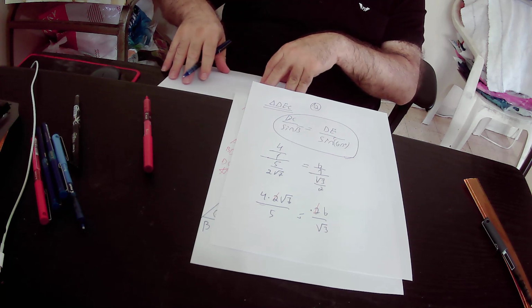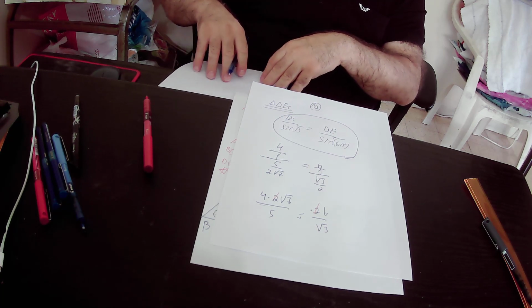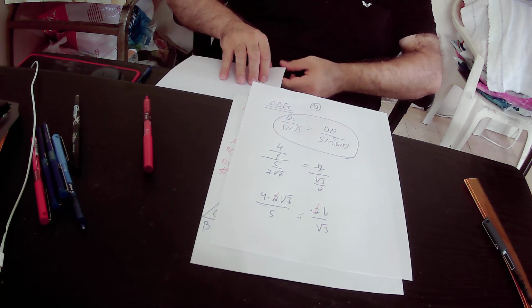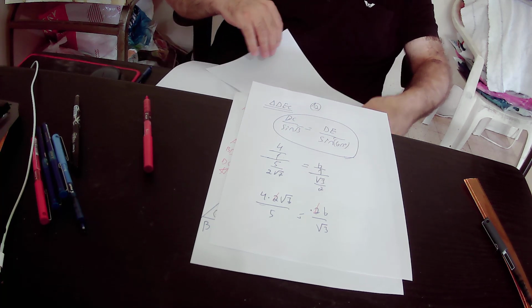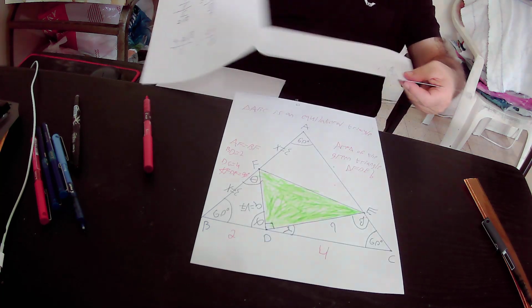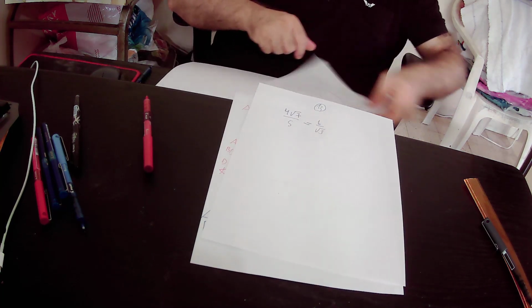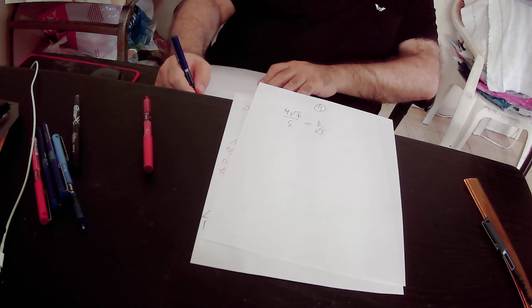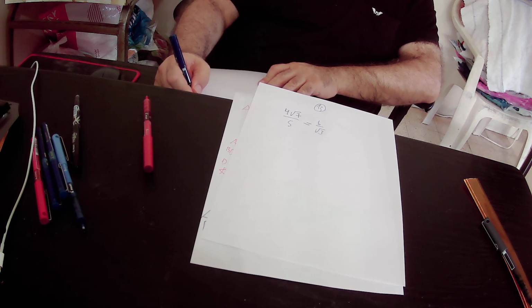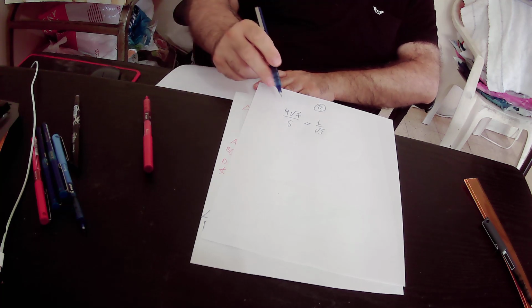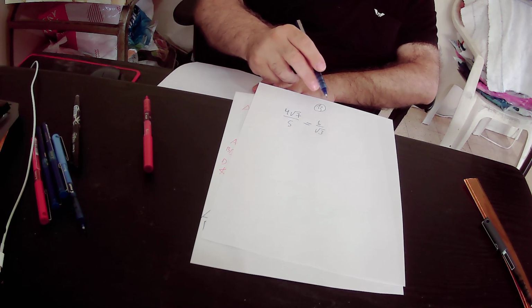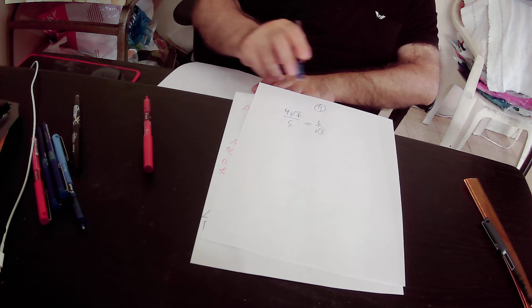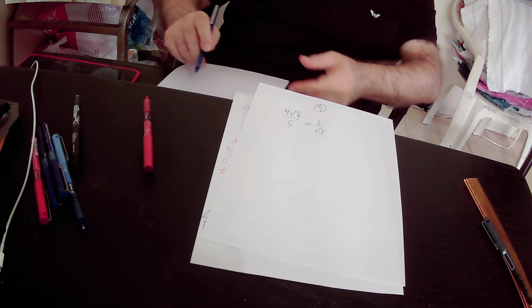Okay, so we got 4 times root 7 over 5 equals b over root 3. Here we'll multiply this equality by root 3 in order to get the value of b.